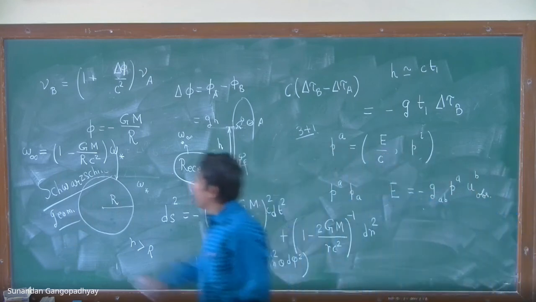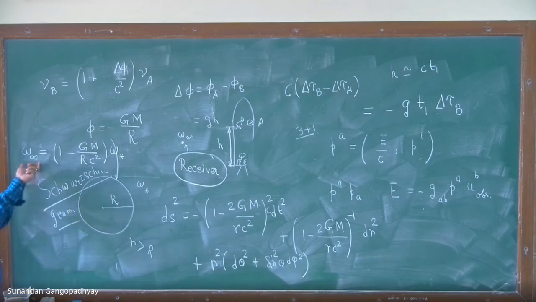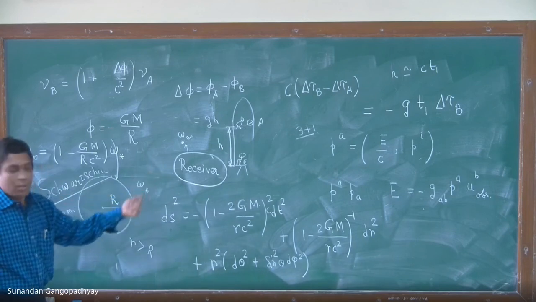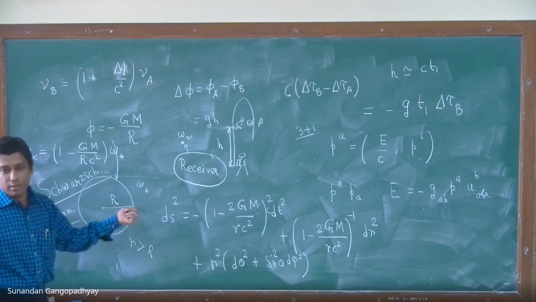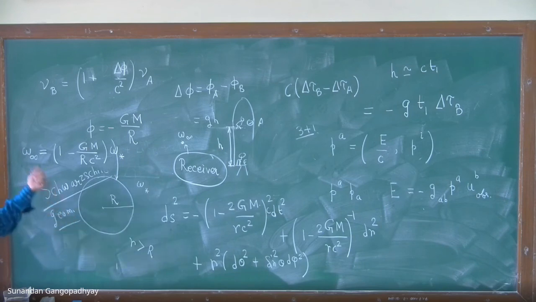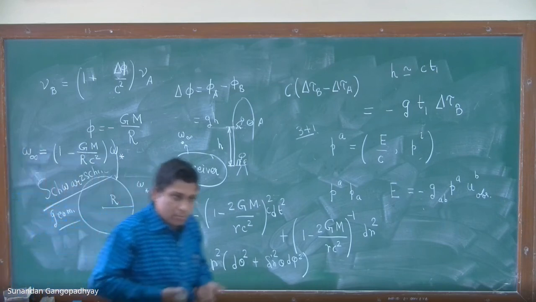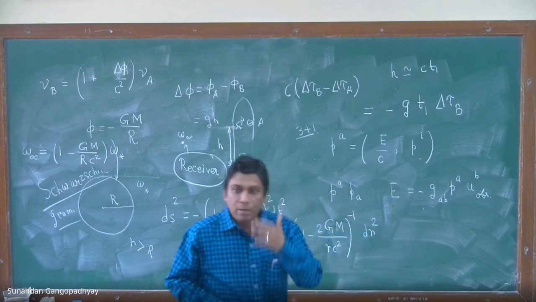So you can see that omega infinity is this thing. This signal means a photon. The photon emitted from the surface of the star has energy omega star, and the same photon, when received there, will have energy omega infinity. So the energy of the photon that I measure from the surface of the earth, from some distant object, will be smaller.